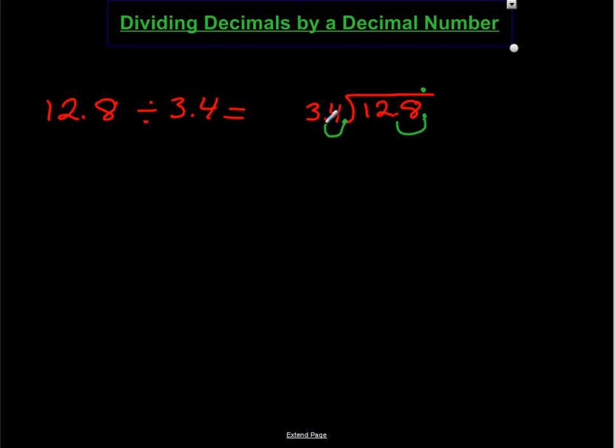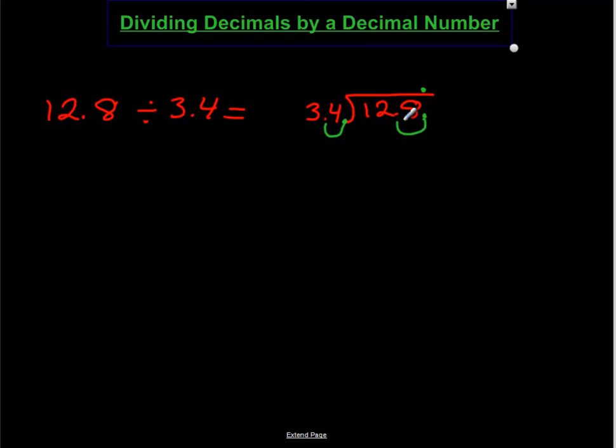So now I look at this question as if it's 34 going into 128. I start the process. How many times does 34 go into 1? It doesn't. How many times does 34 go into 12? Because 12 is still smaller than 34, it's not going to go. So how many times does 34 go into 128?